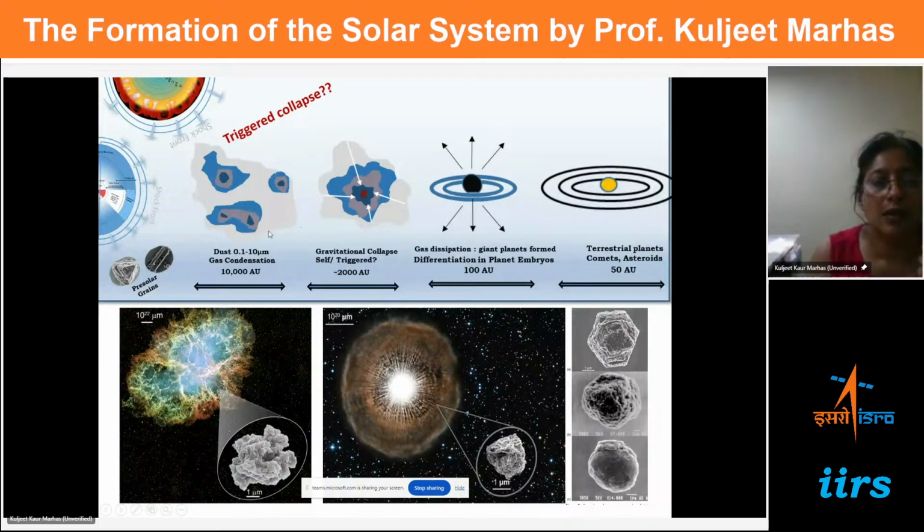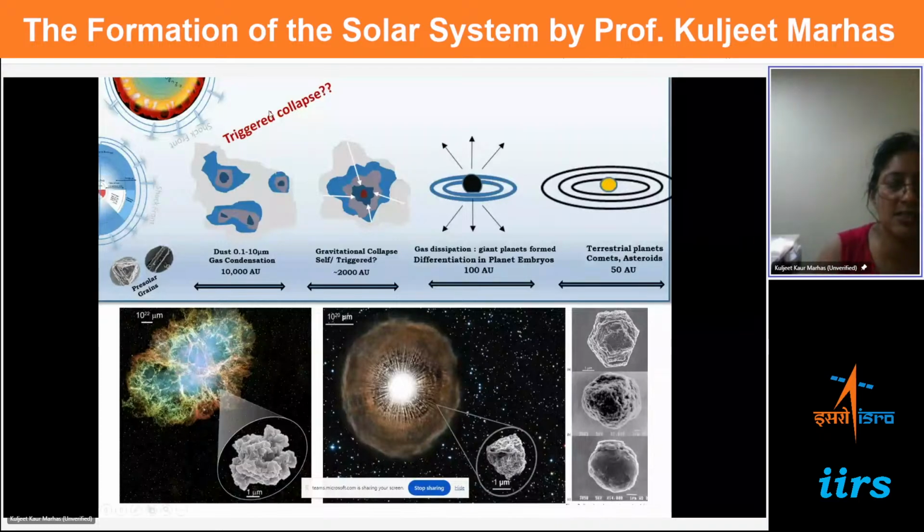Now you know that the molecular cloud from which our solar system formed is surrounded by various stars, because there were many cores surrounding it. I don't know how much you know about stars, but let me still name it. Suppose we had a supernova nearby or an asymptotic giant branch star somewhere nearby. They are nucleosynthesizing new material within themselves, and then there is the death of the star.